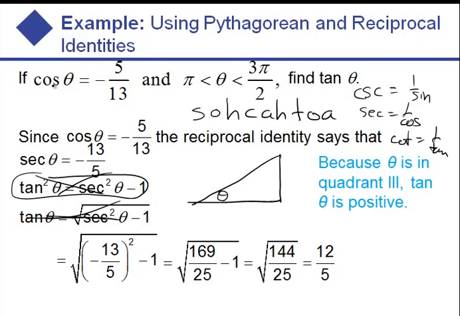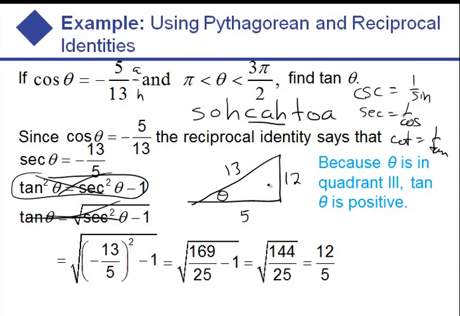Because if they tell me cosine theta is negative 5/13, well, I know that cosine of theta is adjacent over hypotenuse, so my adjacent has to be 5 and my hypotenuse has to be 13. Using Pythagoras, we can solve for this side as 12.